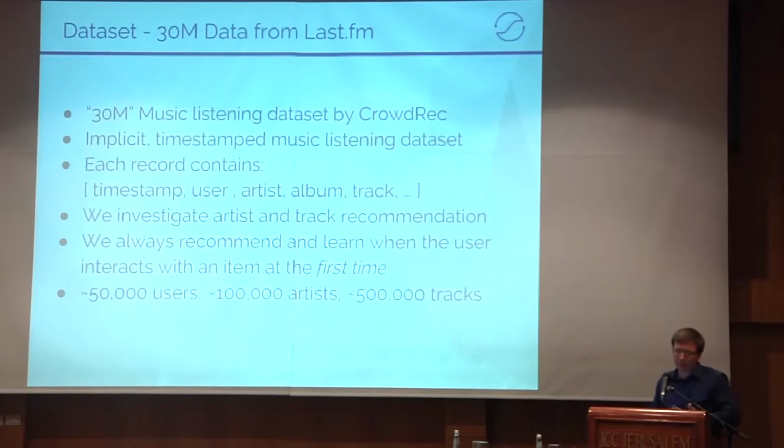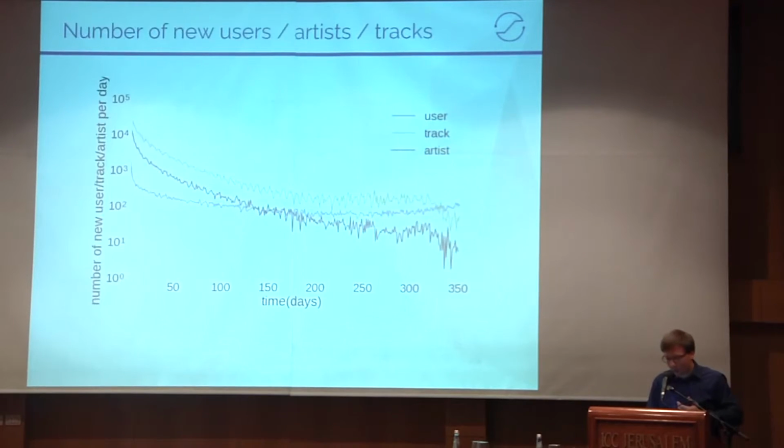We will investigate in our measurements temporal artist and track recommendations. First I'm going to show you experiments in which we try to recommend new artists for a given user. Next, I will also show you experiments in which we recommend new tracks for a given user. In our toy data set, we have 50,000 users, 100,000 artists, and 500,000 tracks. Yes, this is it.